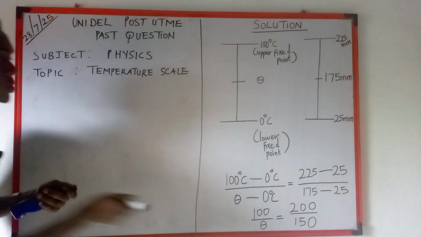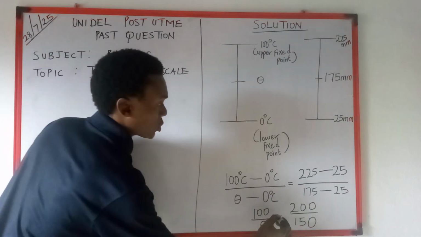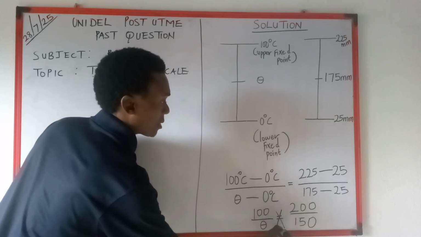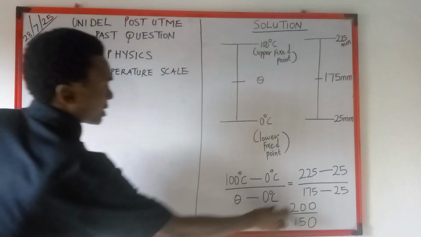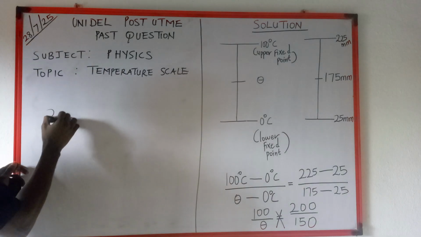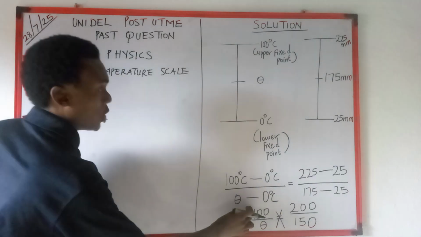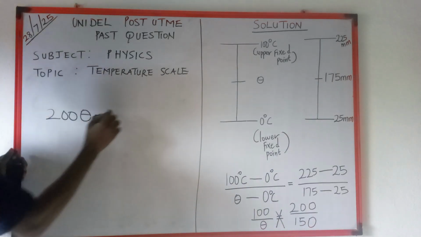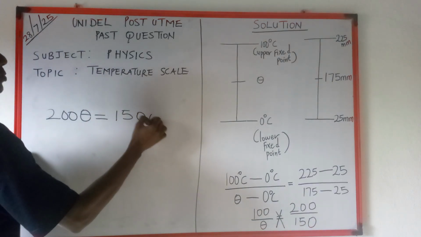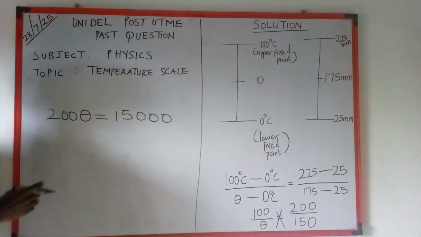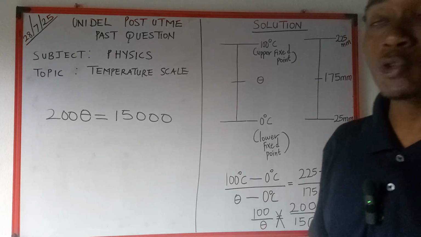So let's go. What do you do here? When you get to this point, the best thing you do is cross multiply. Once you cross multiply, what are you going to have? Theta times 200, you have 200 theta is equal to 100 times 150, you have 15000. When you get to this point, you divide both sides by 200.